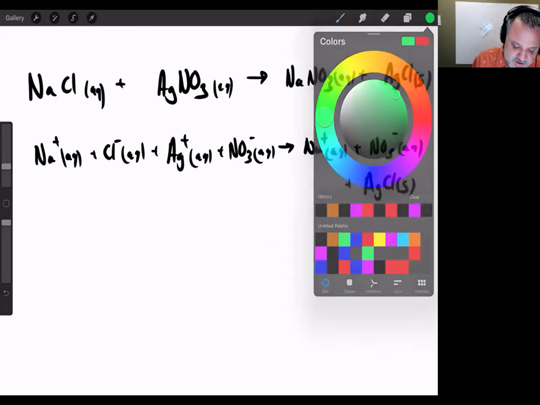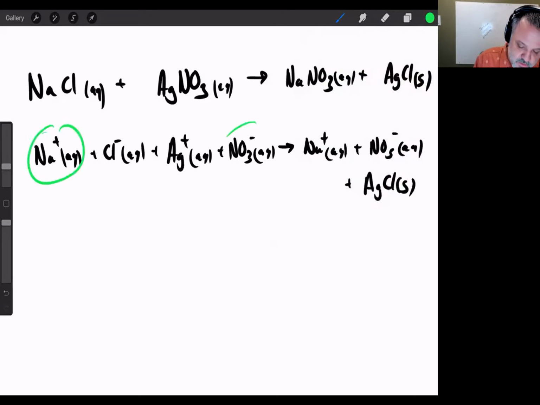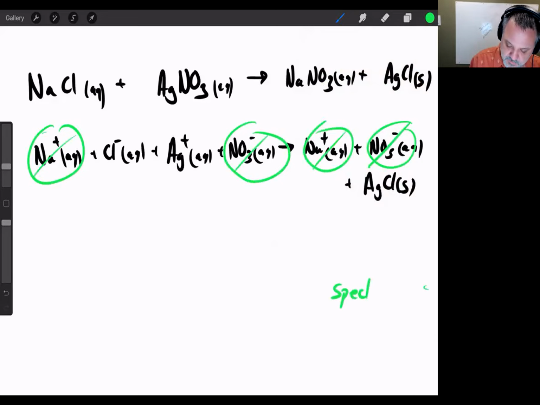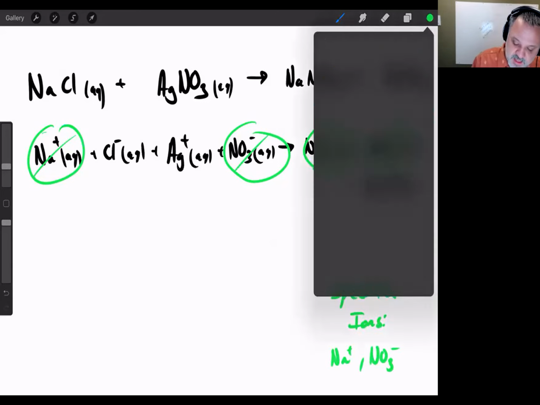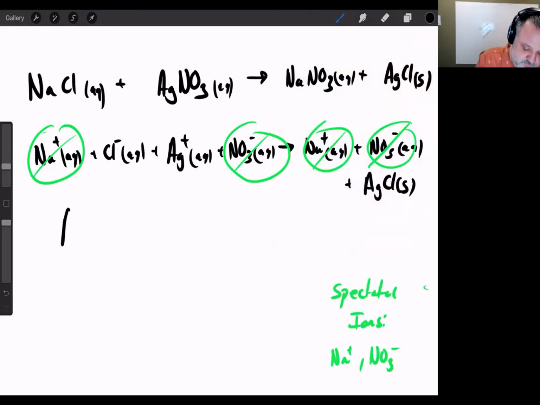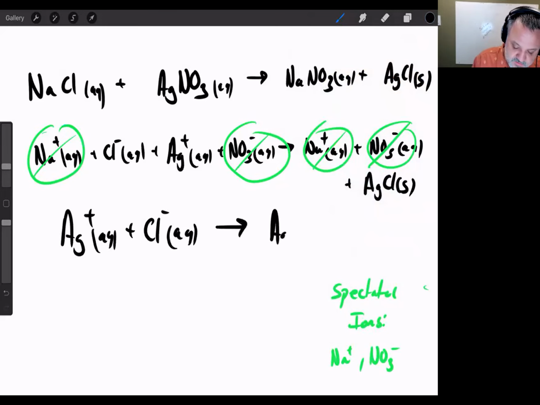So what are the spectator ions in this case? What are the things that appear the same in the reaction? The spectator ions are sodium and nitrate again, just coincidentally the same two ions. So what's the net ionic equation? Silver ion aqueous plus chloride ion aqueous produces silver chloride solid.